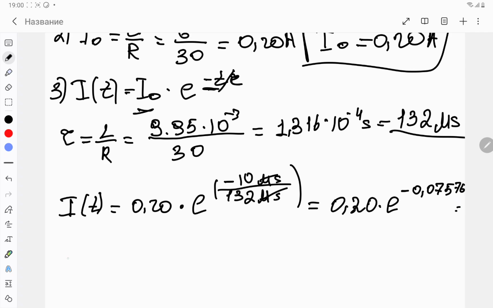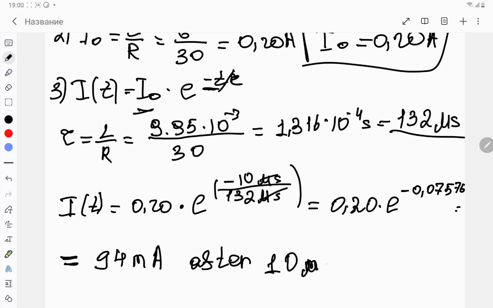Okay. The final answer is microampere. It's after 10 milliseconds. So we already found the answer.